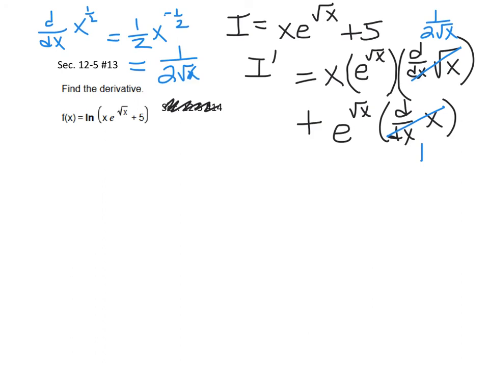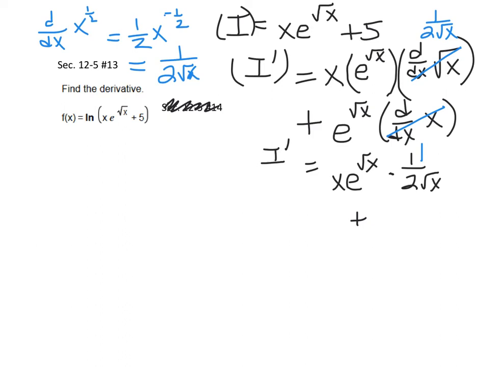So then we have that the derivative of the inside function, remembering that that's what's in the parentheses, is x e to the square root of x times 1/2 square root of x, plus e to the square root of x, or alternatively, if we multiply this through, we have x e to the square root of x over 2 square root of x plus e to the square root of x.